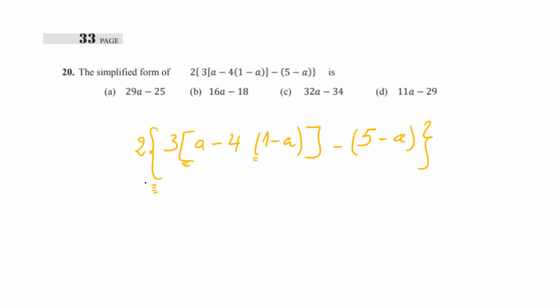We start with the innermost delimiter. Then we start with parenthesis. Then this type, and finally we end up with this type.